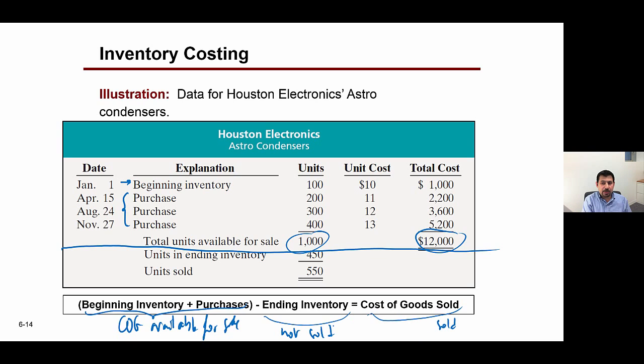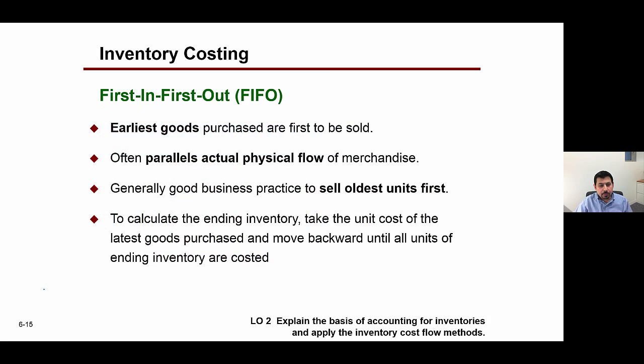Now let's start applying the three methods together. However, this is very important, and you'll see that most of the problems we can solve starting with this equation. So we will start with first in, first out. And here the assumption is that the earliest goods that you purchased will be sold first.